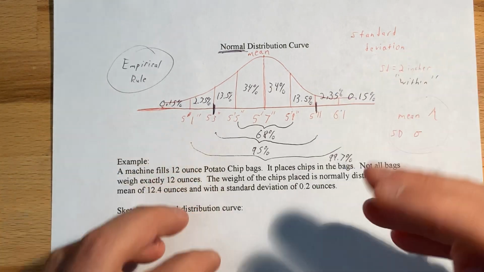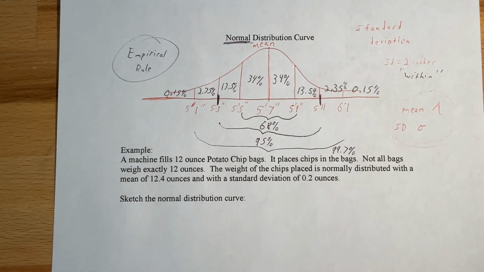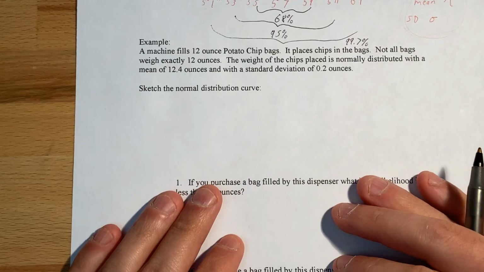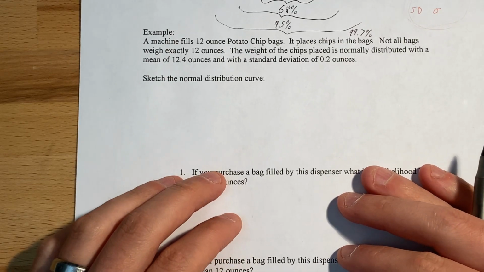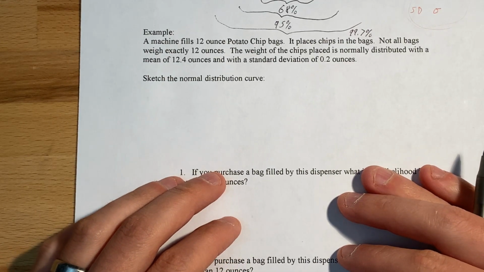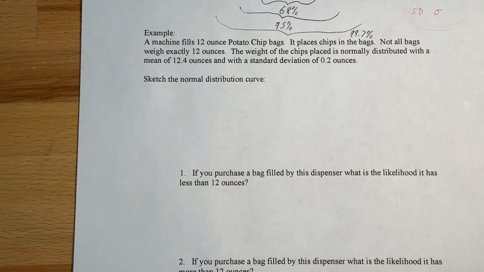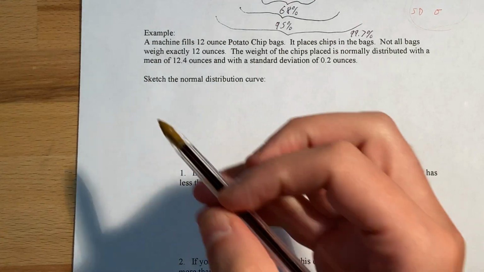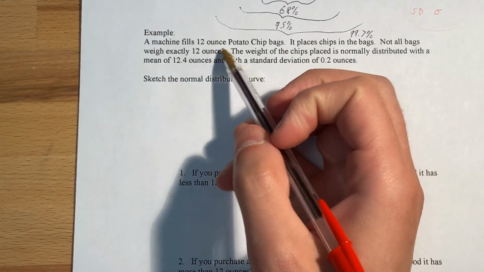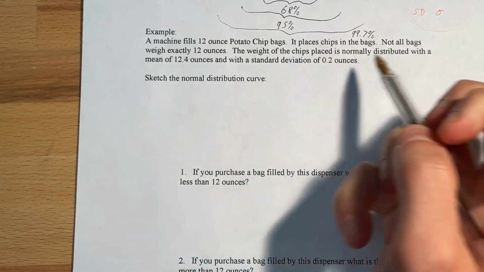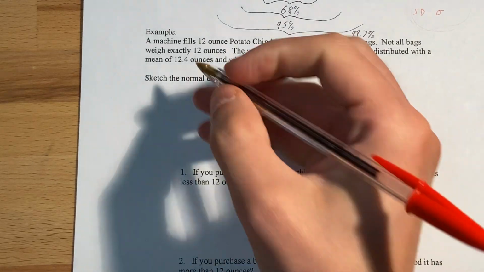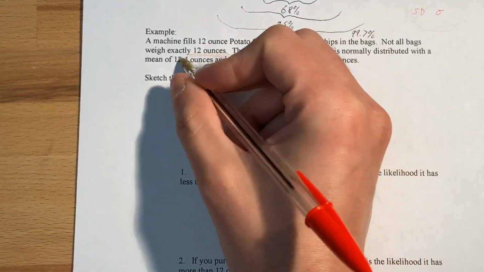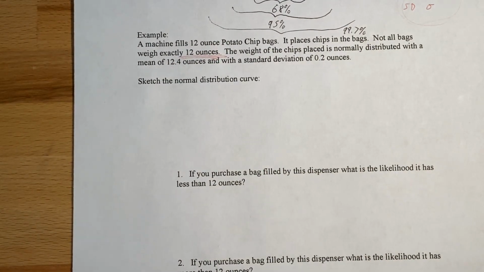Of course, we're going to do a very much less useful example here. In this one, it's just talking about potato chips, not exactly the healthiness of children, but it is something that is used in businesses as well. And here it says, a machine fills 12-ounce potato chip bags. But not all bags weigh exactly 12 ounces, which, if you think about it, you probably already knew.